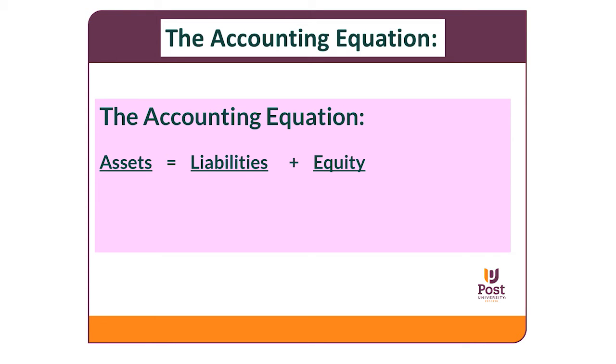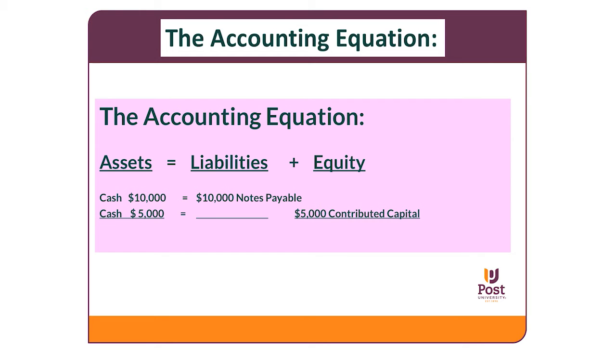When I analyze these transactions, I would have to identify which accounts are affected. For example, the first transaction increases cash and increases the liability notes payable. The second transaction further increases cash and increases the equity contributed capital.